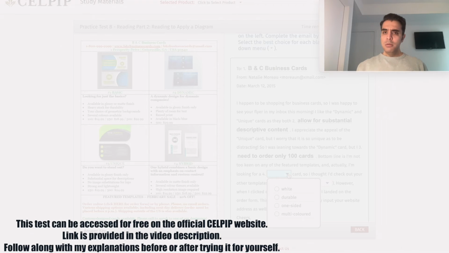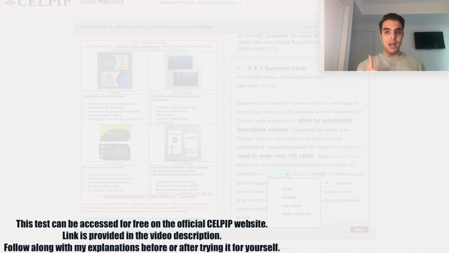So does Natalie want to go with something aside from these 4 options because these 4 options aren't durable? Is that it? Well, no. If you look at the basic card, for example, specifically it says heavy stock for durability. So that's out. Option A is durable. If Natalie wanted to go with something durable, she could have gone with option 1.